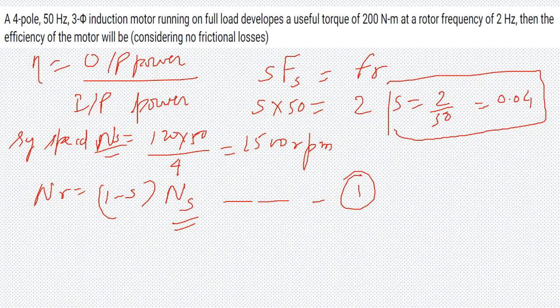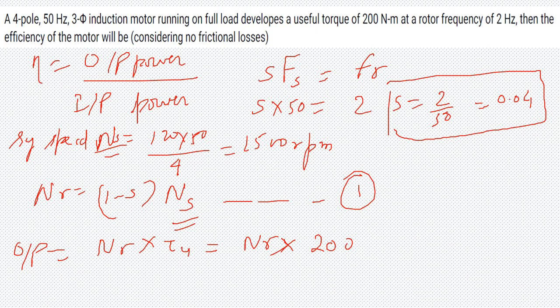Now our output will be nr into our useful torque, let's say tau u, which is 200 Newton meter. So we have our output power.